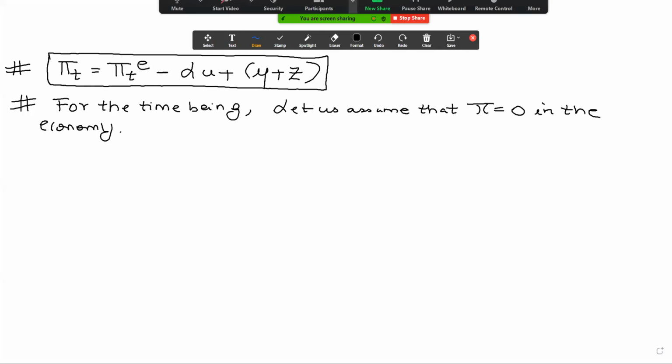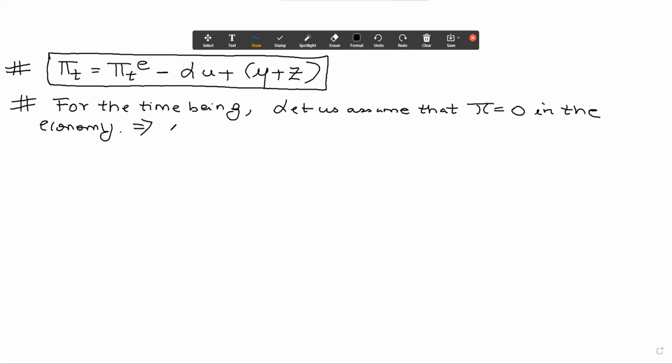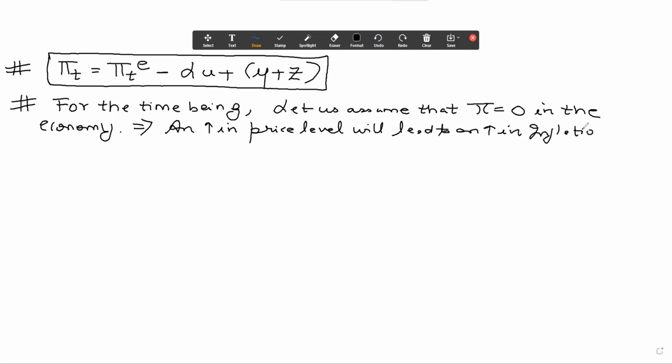Okay, so now let's look at the factors affecting inflation. So guys, since inflation is 0 in the economy, therefore this implies an increase in the price level will lead to an increase in inflation, which is pi.